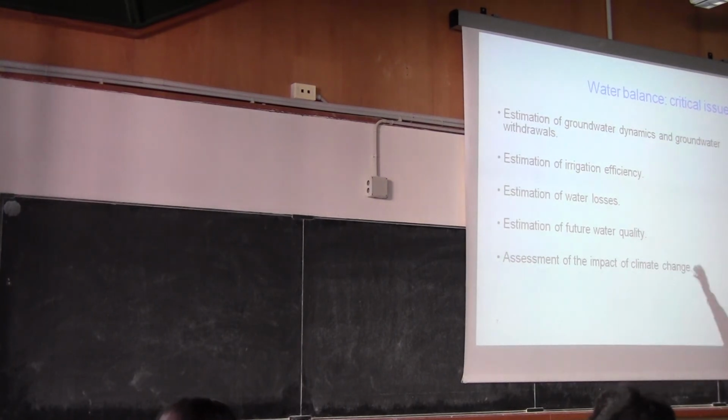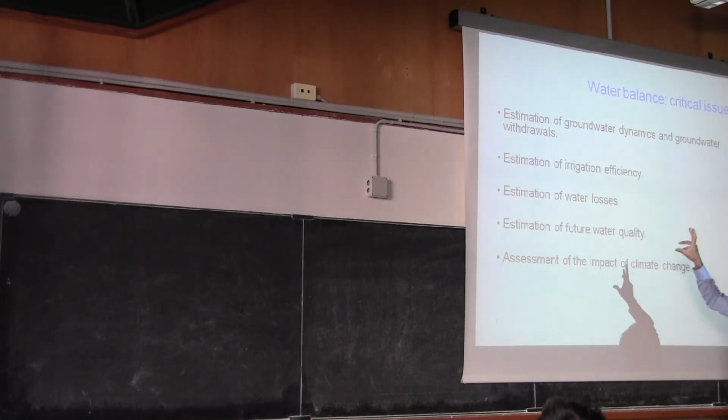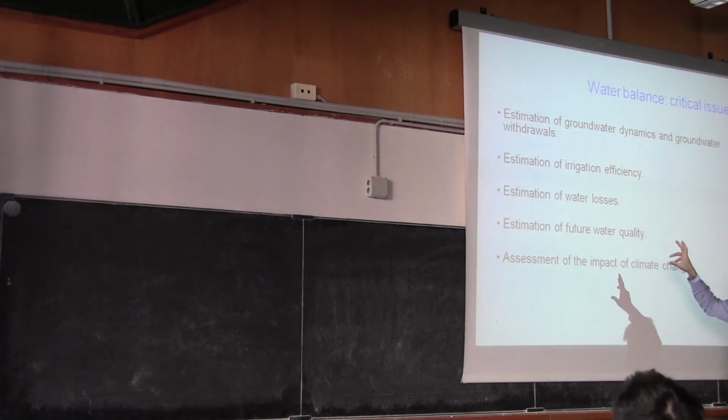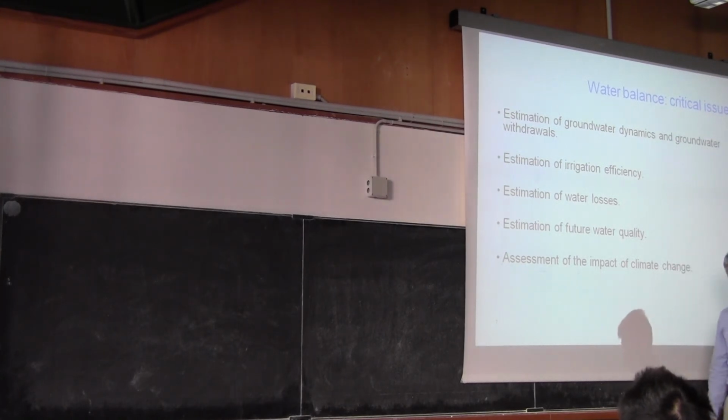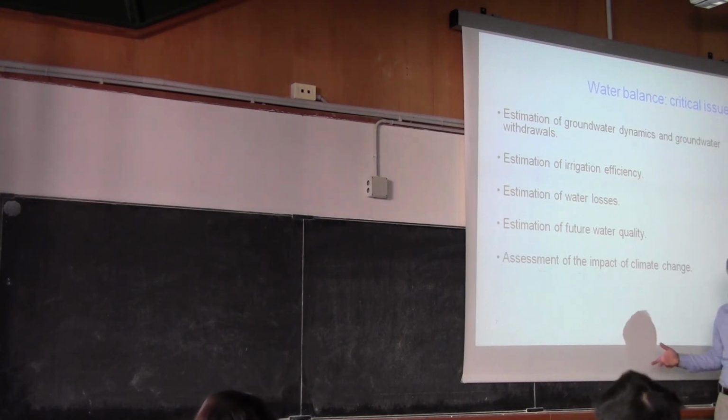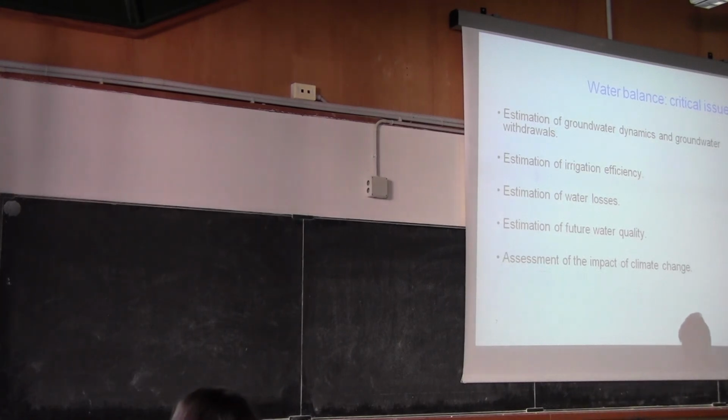Other examples from my experience: estimation of irrigation efficiency. Because if you know that a given plant requires 2 liters of water during a given day, you need to bring more water, because not all the water that you bring there goes to the plant. For instance, because you are also irrigating some part of the soil which is not serving the plant.